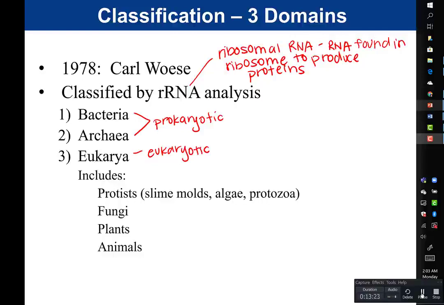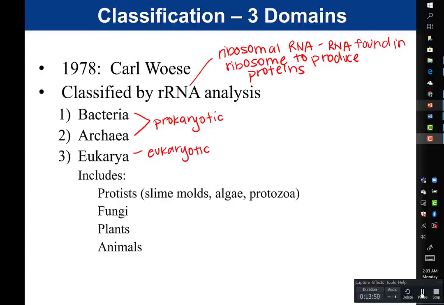Then we can start to group organisms by kingdom. Historically, we've had this 4-kingdom system: Protists or Protista, fungi, Plantae, plants, and Animalia, animals. Those were classically our 4-kingdom system. However, this system is constantly changing and evolving.